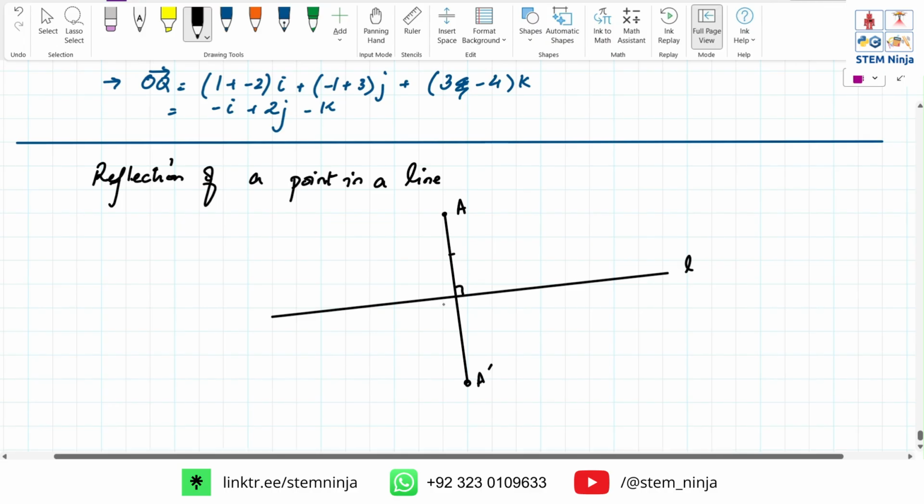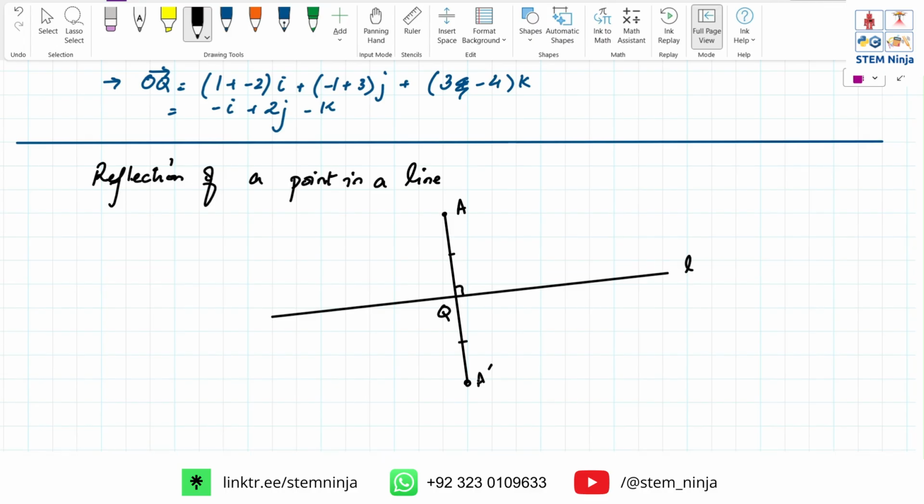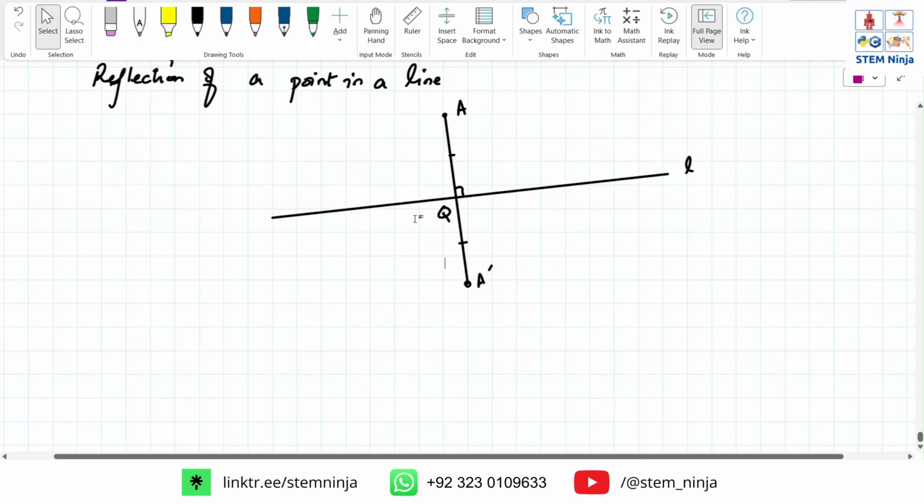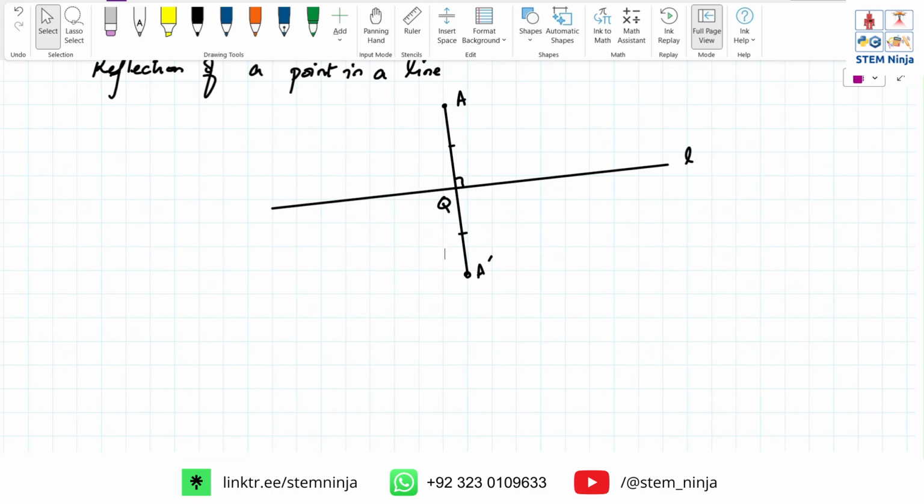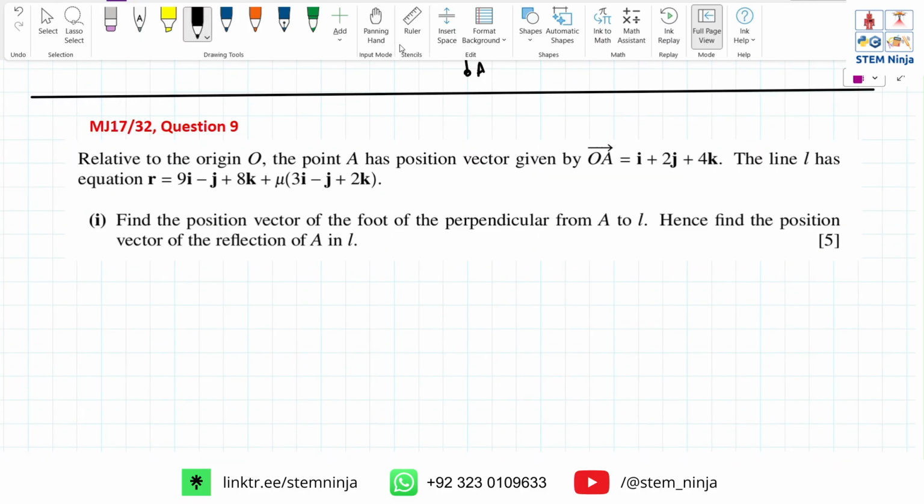So not only are AQ and A dash Q equal, but this is also perpendicular to the line L, right? Okay, so let's see this type of problem in a question.